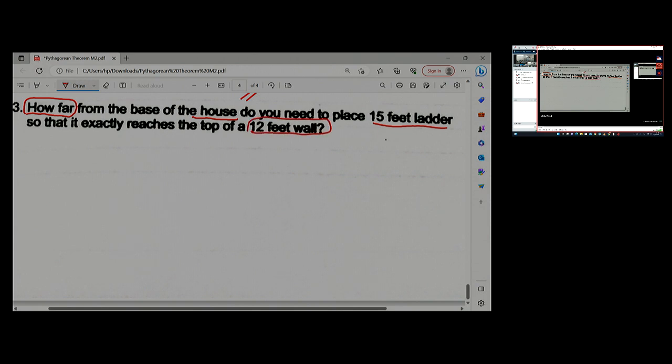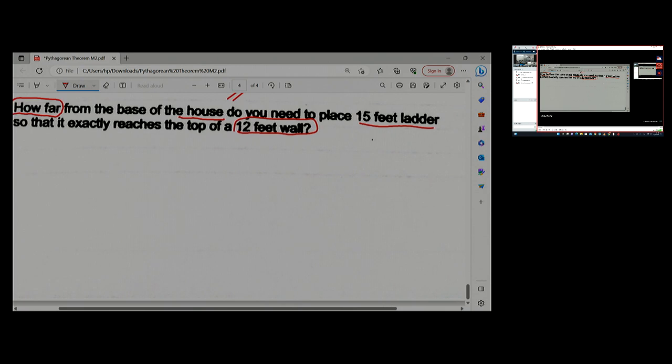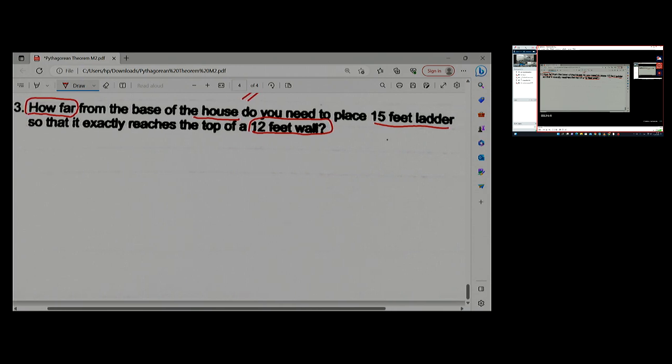This is the house. So again we have a ladder and then we have a wall of the house. So again in the picture, what will you have in the picture? We have a ladder, yes, and wall of the house. So this is your ladder again.